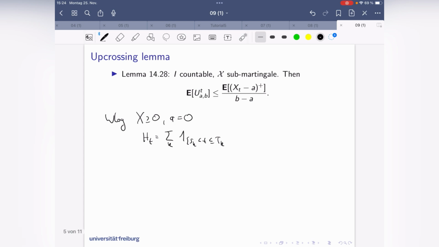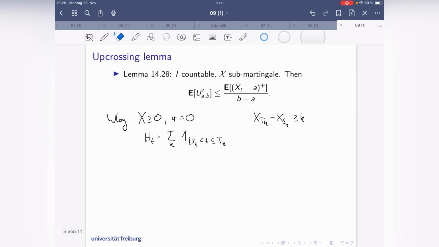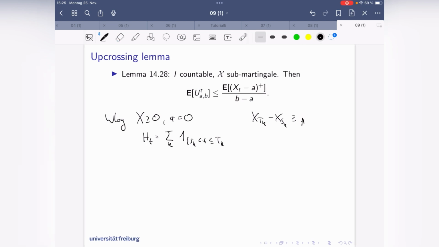Then xtk minus xsk is at least b. So the upcrossings that I'm just considering are between a, which is 0, and b. So the difference is b.